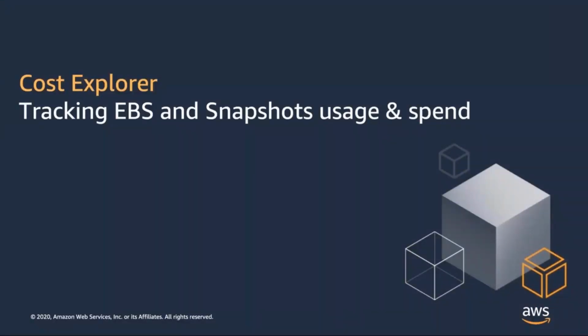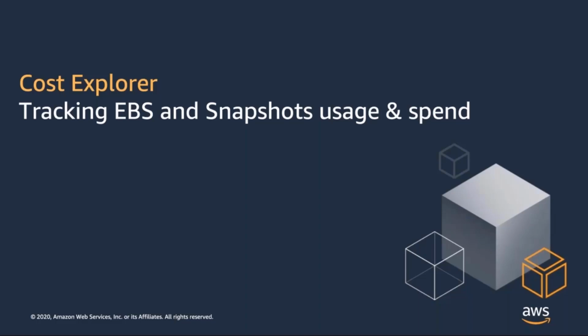So we talked about EBS volumes and EBS snapshots. In the next few minutes, let's spend some time on tracking EBS snapshot usage and spend through AWS Cost Explorer. AWS Cost Explorer has an easy-to-use interface that lets you visualize, understand, and manage your AWS costs and usage over time.